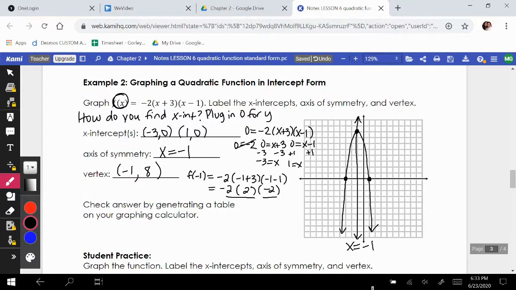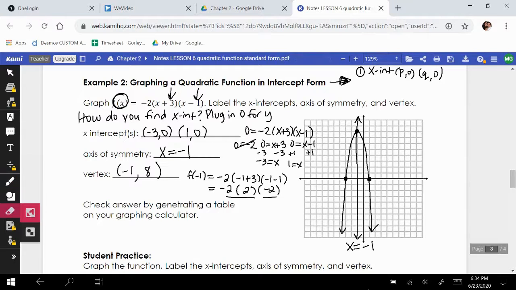Perfect. Okay, so to graph a function in intercept form, you'll notice we followed these steps. First, we found the x-intercepts. Remember, x-intercepts are just your p and q values. Really, if you look at the function, though, it's almost opposite of what you think. Like if you saw a +3, it became -3. If you saw a -1, it became +1. Kind of weird.